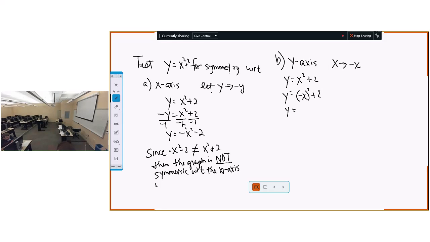A negative x times a negative x is a positive x squared. Bring down your plus 2. This is symmetric. So the graph is symmetric with respect to the y-axis because we got equivalent equations.